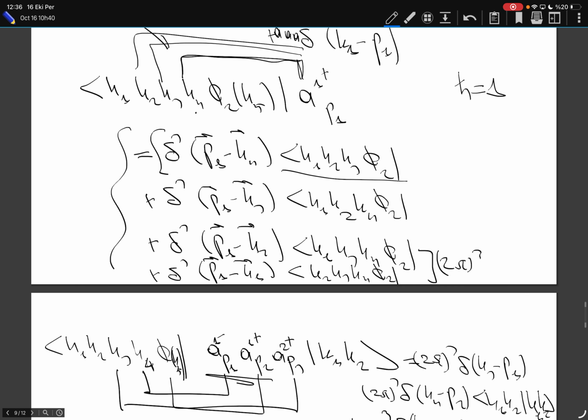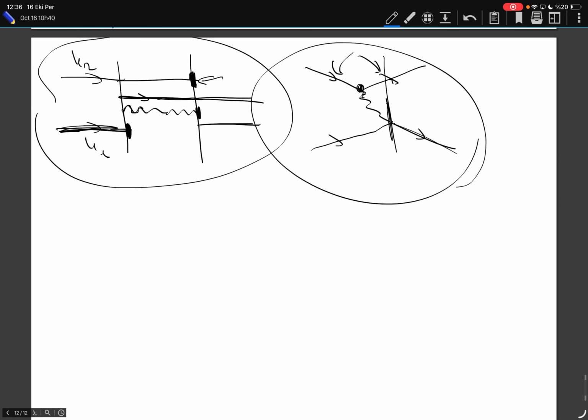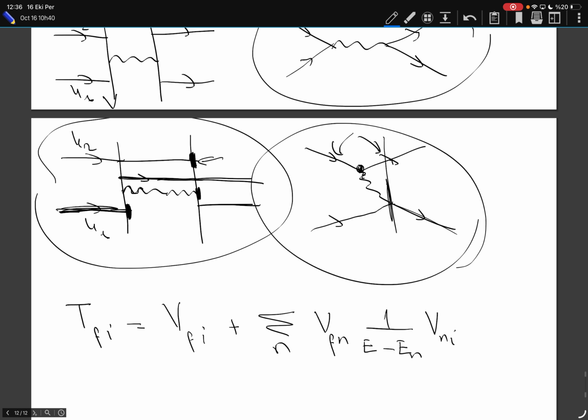Let me erase the time concept. The reason why I keep emphasizing this is that here I'm just writing a mathematical equation. What time are you talking about? That is the time of somebody doing the computation.